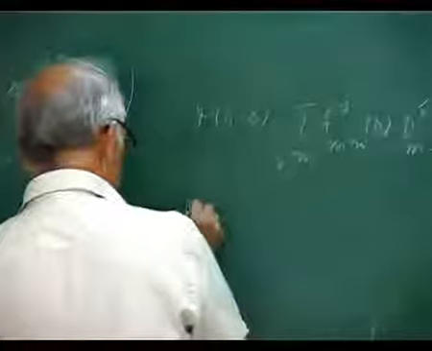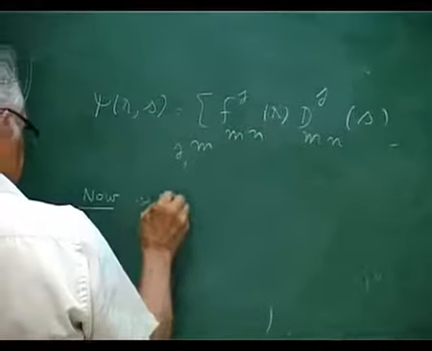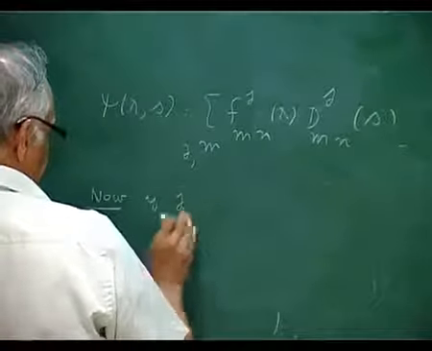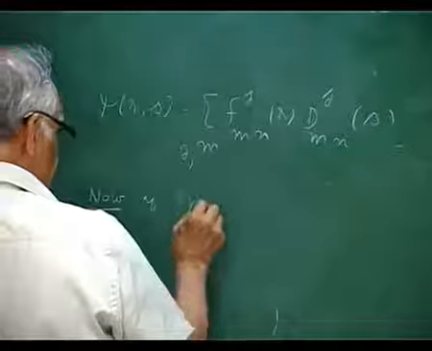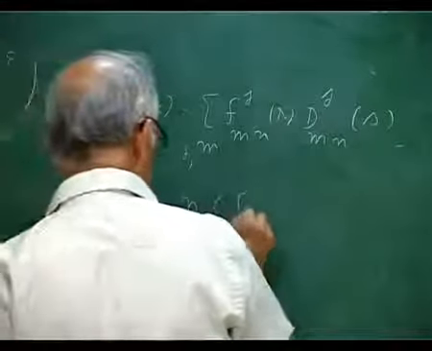First thing it says is, now we know that this n can only take values from minus j to plus j.